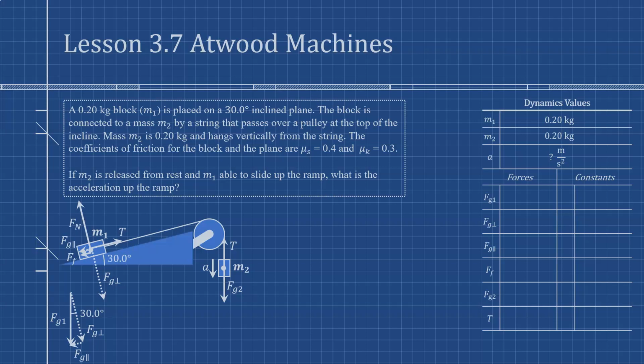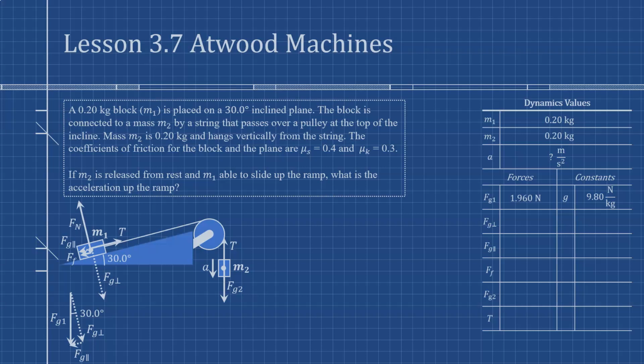Let's see, do I know FG1? Well, that's the vertical force of gravity acting on my block that's on the slope. I have a constant that will help me solve for that, 9.8 newtons per kilogram. So I'm going to go ahead and multiply that times the mass of 0.2 kilograms to get a force of 1.96 newtons. That's the vertical version of that FG1.